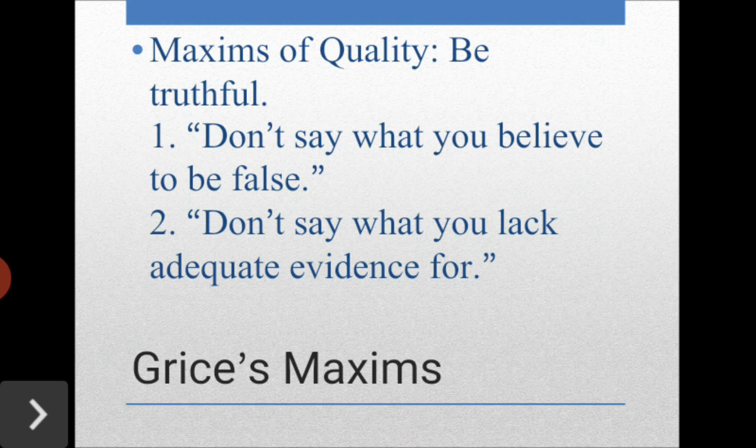We have a lot of gossip people who use false information to repeat that information just because they heard it from someone else, or just because they want to introduce a topic and that's it, right? So this is the second maxim of quality. Use trustful information for communicating and not false information.